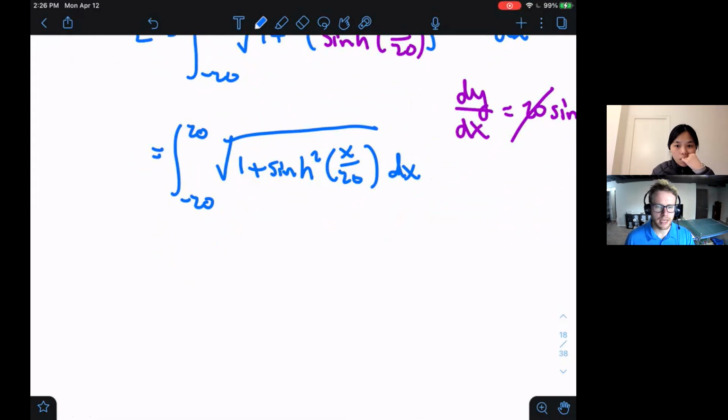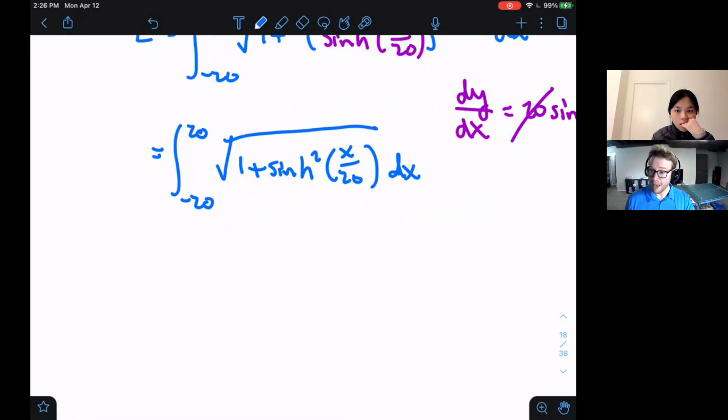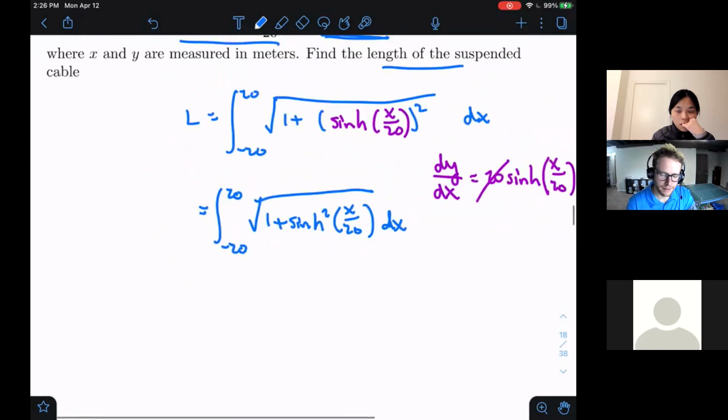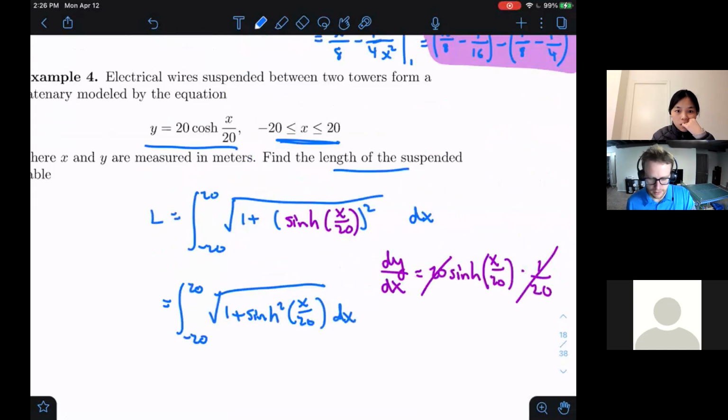I see we have a raised hand, so I'll go ahead and take a question, or maybe it's the answer to my question. I don't know. No, it was just a quick question about the bounds. We have the -20 to 20, right? Can we have it as 0 to 20 and multiply the answer by 2 at the end? Because there's a Calc 1 theorem or something like that we can do. Because this is an even function, yes, you can. Well, let's see.